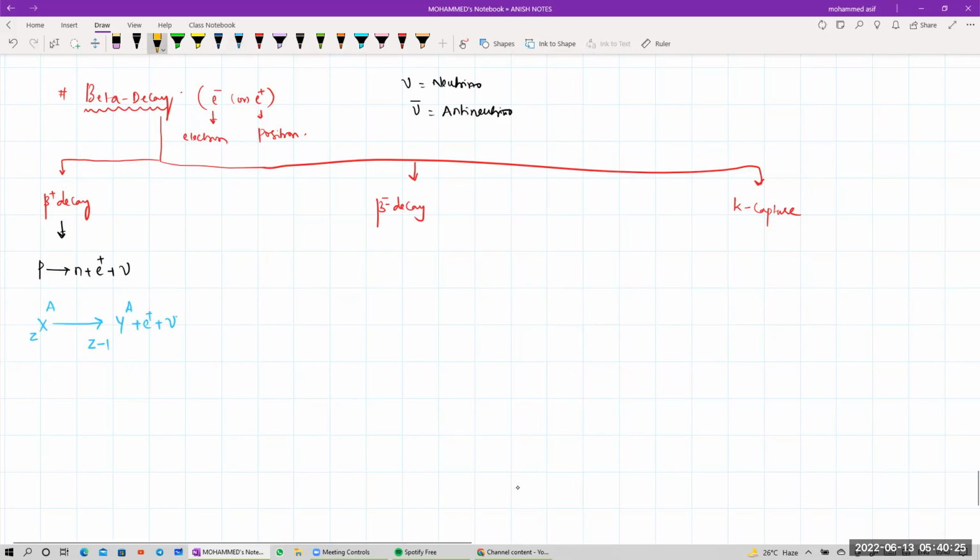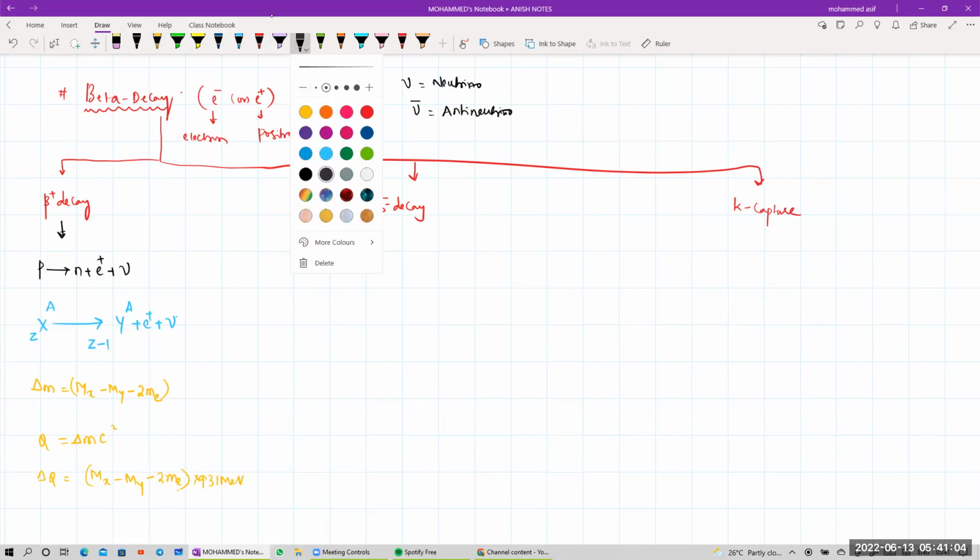How do you write the mass defect for this one? Mass defect delta M is equal to mass of X minus mass of Y minus 2 times the mass of an electron. So if asked for the Q value, Q is equal to delta M times c squared. Or if delta M is in amu, Q is equal to (M_X minus M_Y minus 2 times the mass of an electron) times 931 MeV.